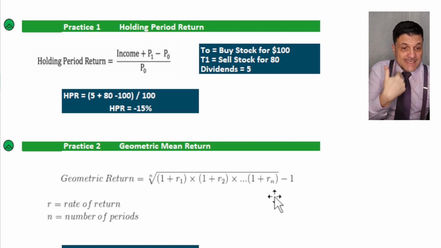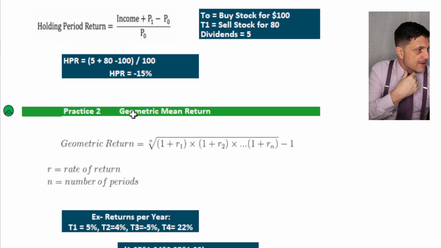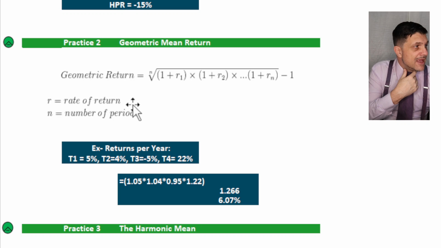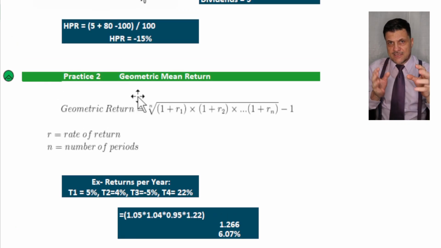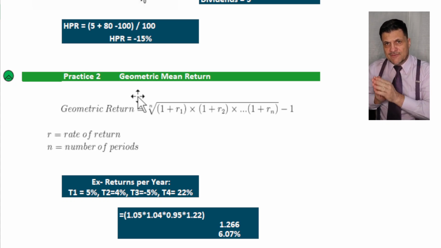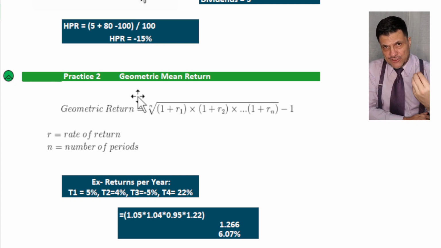So let's see something more. Instead of dividing the minus 15 by the number of years, I'm going to use a different approach. Instead of looking at how much I had in the beginning and in the end, I'm going to go year after year, or period after period, and see how much money I made per year, and then I do an average of those numbers.